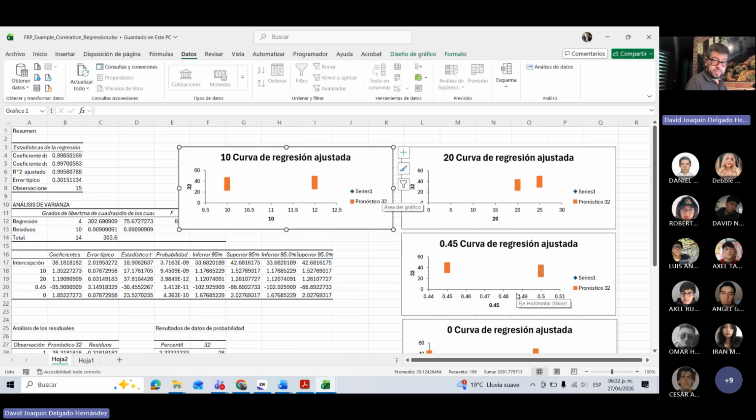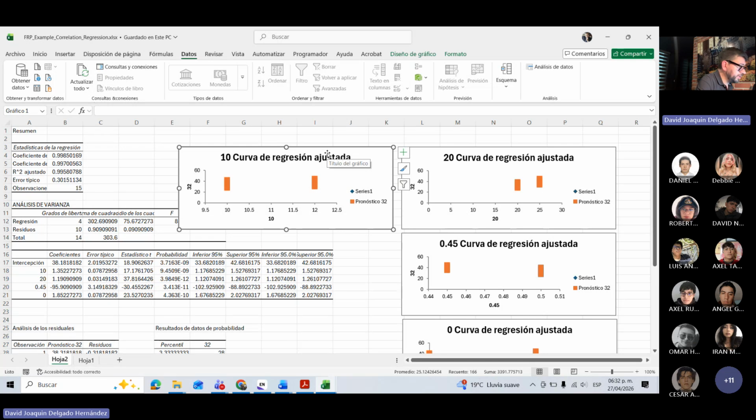Here are the results of the exercise. So let us now interpret these results, okay? There is a very good adjustment, and you can predict very well the strength based on the 4 variables that we already consider, okay?